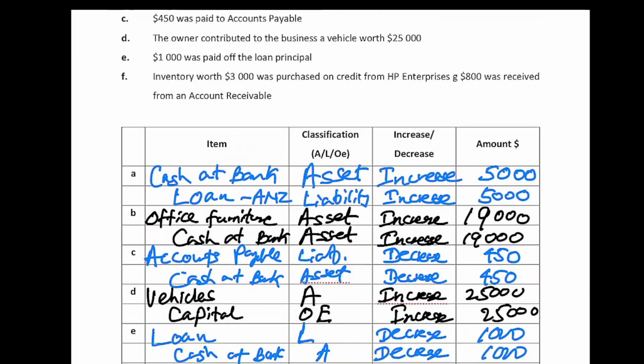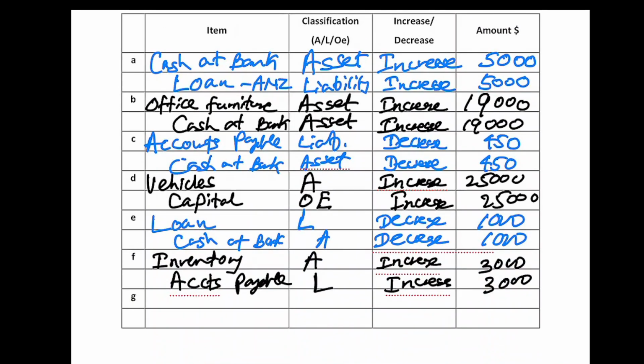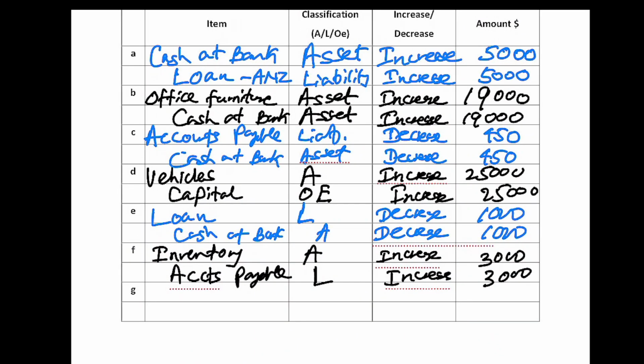Last one. I think there is a typo here. This should have been entered as G. 800 was received from accounts receivable. What will happen? Chetan? Cash at bank increases. Okay, and what is the other item?